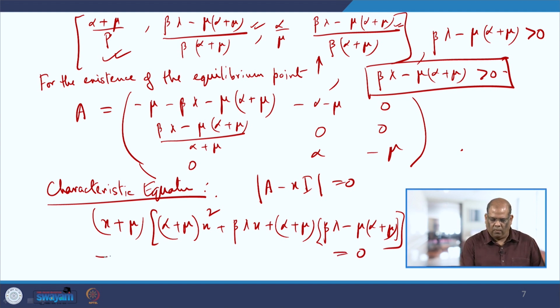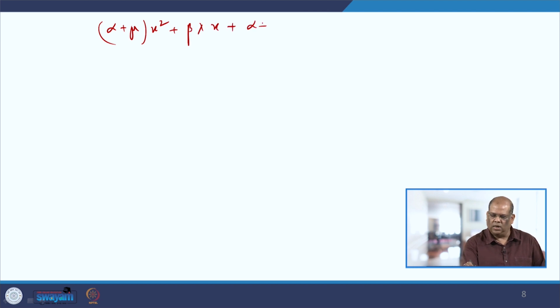So, from here we can clearly see one of the roots is minus mu, and we get a quadratic equation: alpha plus mu times x square plus beta lambda x plus alpha plus mu times beta lambda minus mu times alpha plus mu.